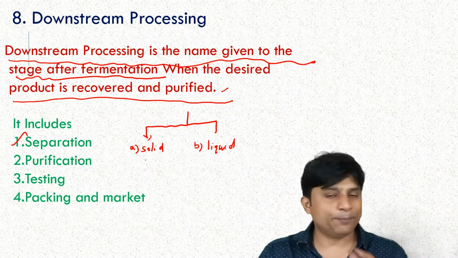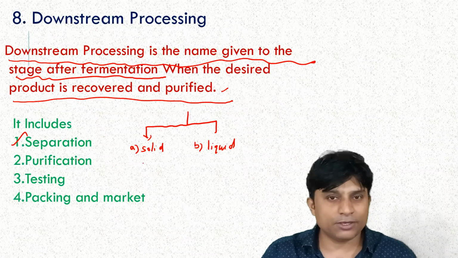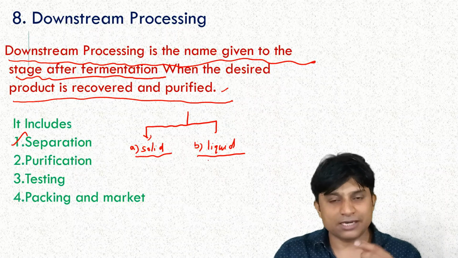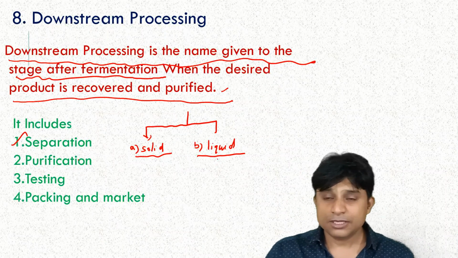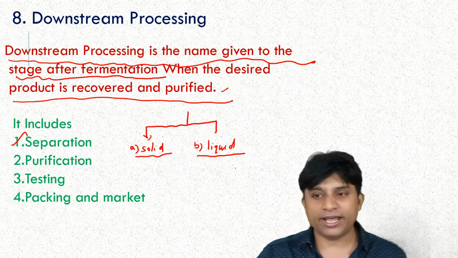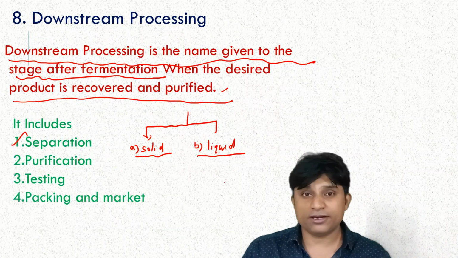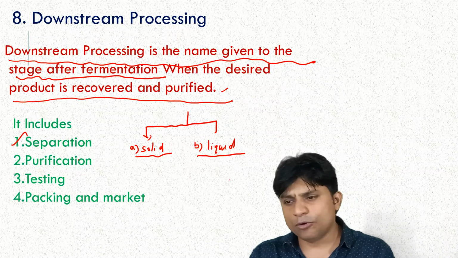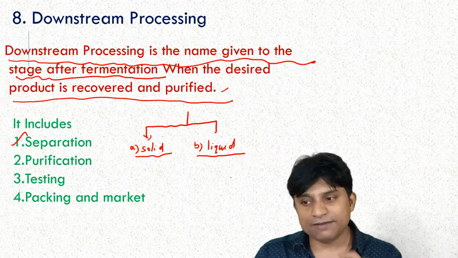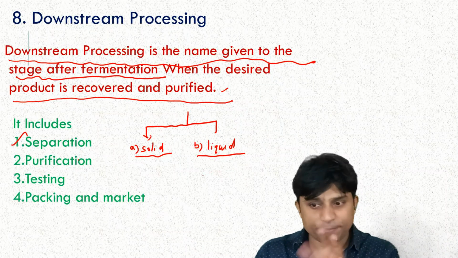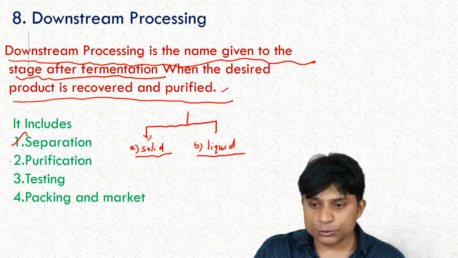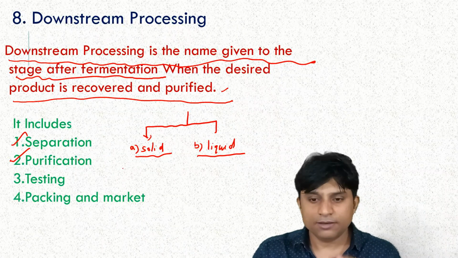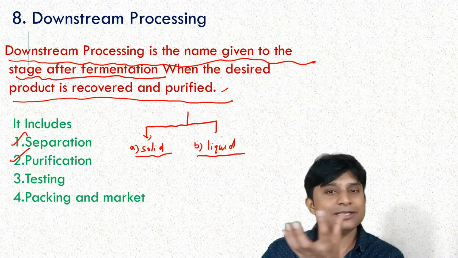This solid product does not contain our gene product because it contains the cells, fragments and everything, so we are going to separate this from our liquid. This liquid portion contains our gene product. So remember, for different gene products, the downstream process is different. We go for different techniques to separate our gene product. Then after this separation, we are going to purify our gene product. Suppose it is insulin, we are going to purify it from our liquid part and get only insulin.